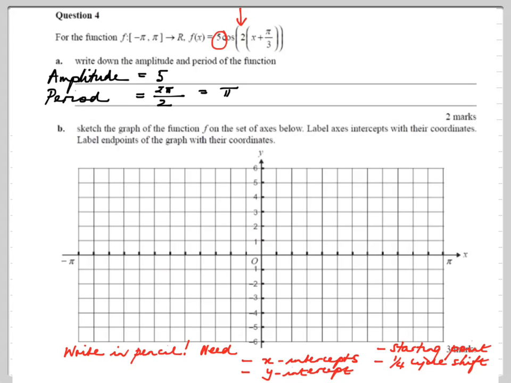And I also work out what I call the quarter cycle shift, which is very, very useful when you're doing cos and sine graphs. Yes, I step through the graph in quarter cycle bursts. So I work out, in this case, that's going to be pi on 4, because the whole thing has a period of pi. And the endpoints. All that stuff's got to be done for a 3 jolly mark question. It's a bit rough, in my humble opinion.